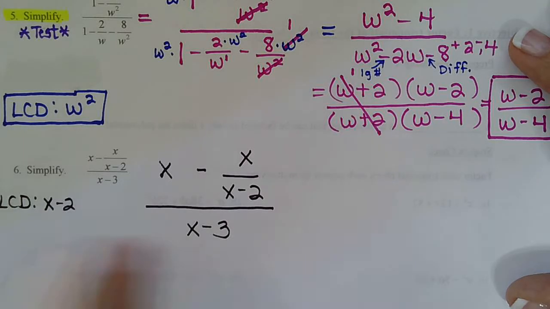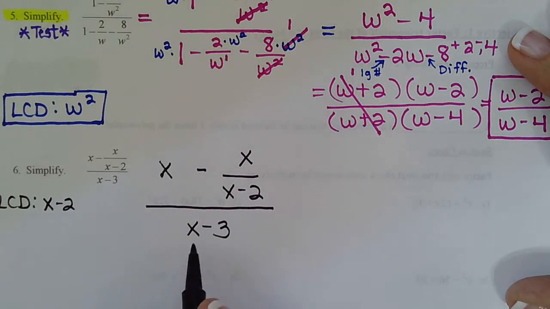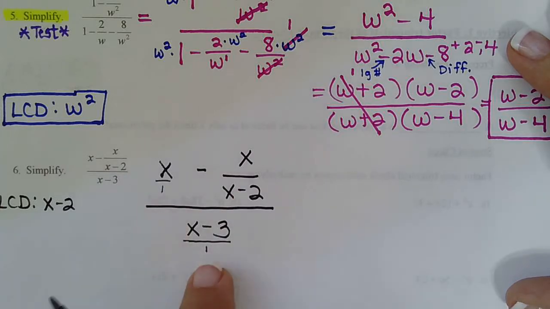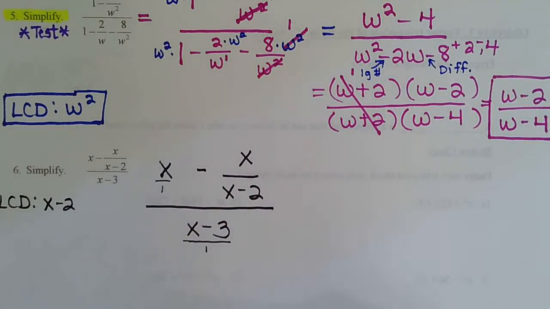A lot of students want to say x minus 2 and x minus 3, but this is a whole number over 1. So you're only looking at the minor denominators, and 1, x minus 2 means the common denominator is x minus 2.